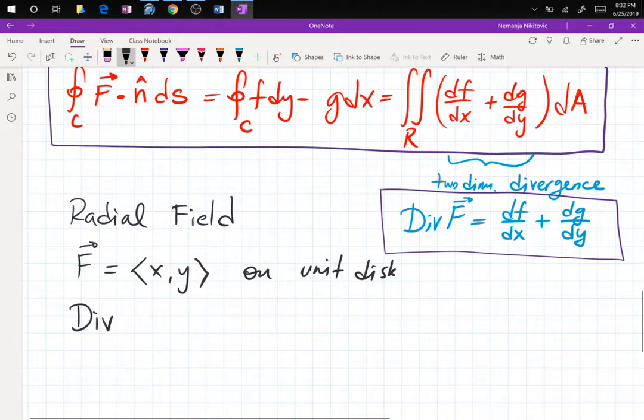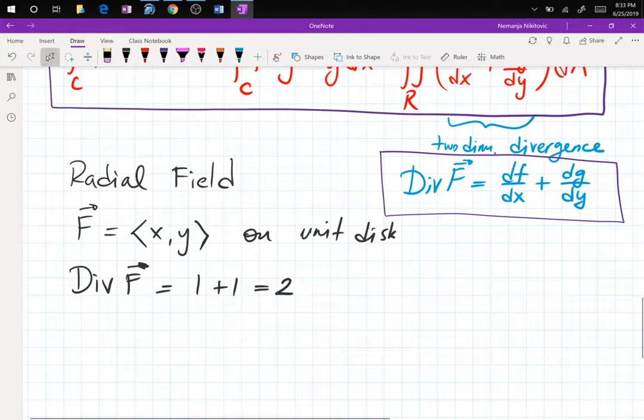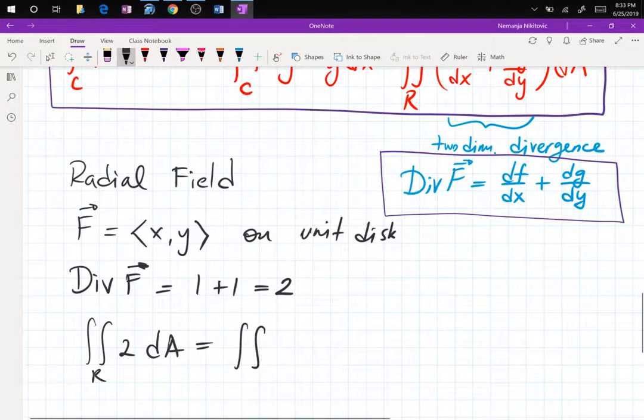So the divergence of f is going to be 1 plus 1, which is 2. And we have exactly the same integral as before. So our double integral over the region R of 2 dA is going to be the double integral of 2 r dr d theta, because we are in a polar realm, from 0 to 1 because it's a unit disk, and then 0 to 2 pi.